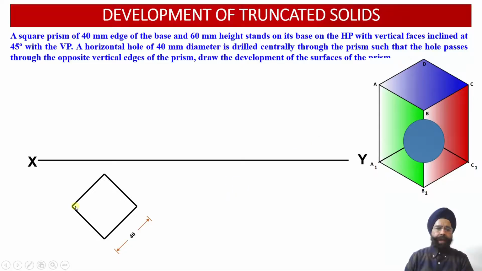Now we have marked all the 4 points of the base A1, B1, C1 and D1 in the top view projections, and these 4 points have been marked on the inner side of the top view square projection of this prism.